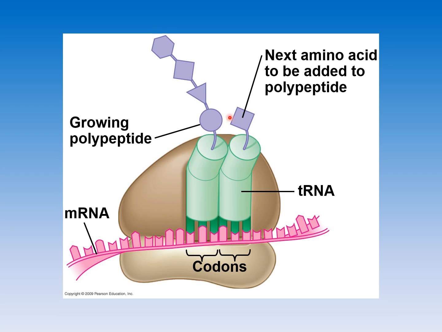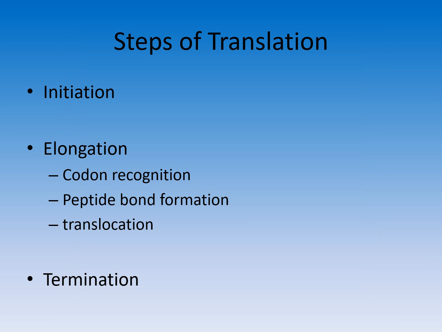So the amino acids right here are close enough together you can form a peptide bond. You already formed some here. So here's your growing chain. You're going to form a peptide bond right here between these two amino acids because you're holding them close enough together. That's the whole purpose of the ribosome, is to bring everybody together to make this process occur.